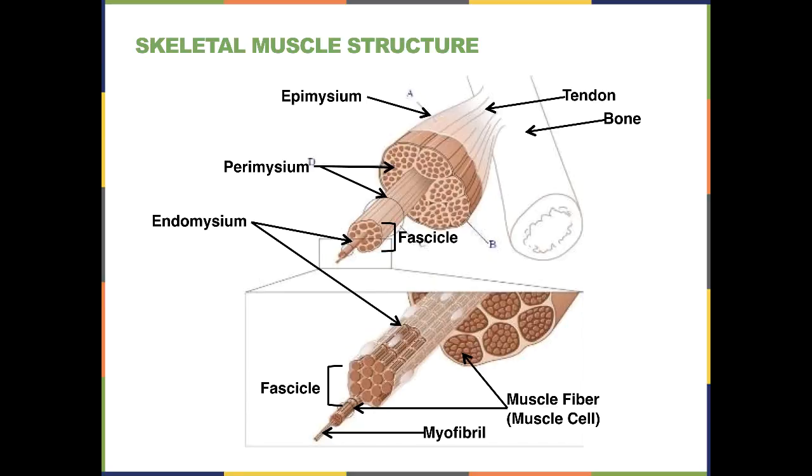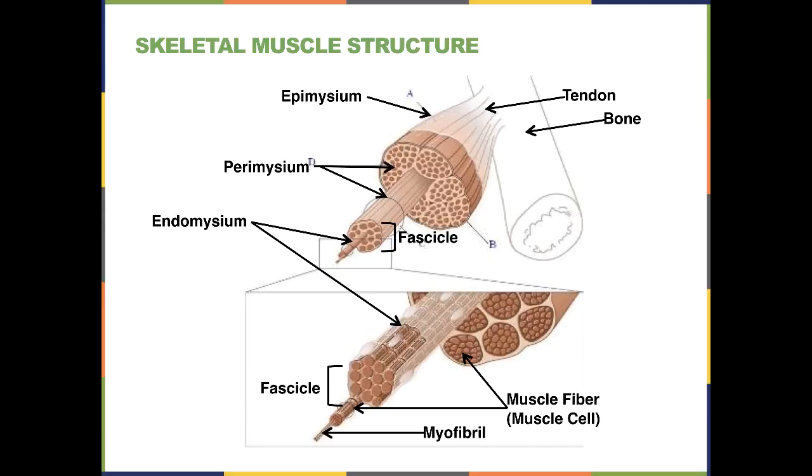This is covered by a membrane known as a perimysium, just like the fascicles of nerves are covered by the perineurium. And then each individual muscle fiber is covered by the endomysium, just like each individual axon is covered by the endoneurium. And so there's a direct correlation between these names that helps us remember them.